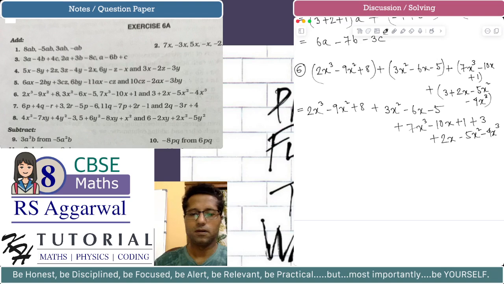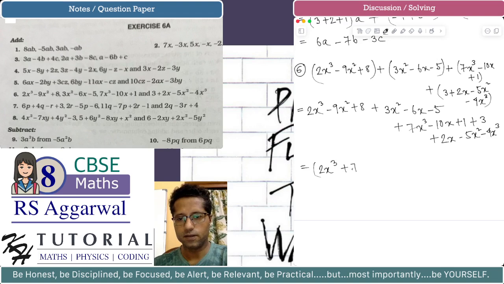Now we will group the like terms. Let's group all the terms where the literal coefficient is x cube. So we have 2x cube, plus 7x cube, and then minus 4x cube.